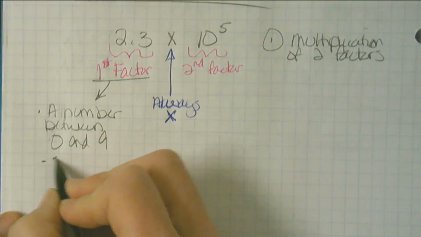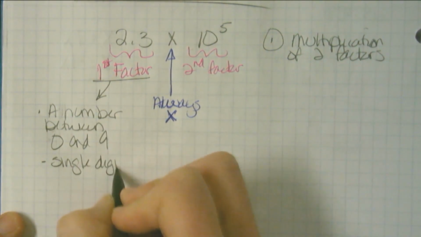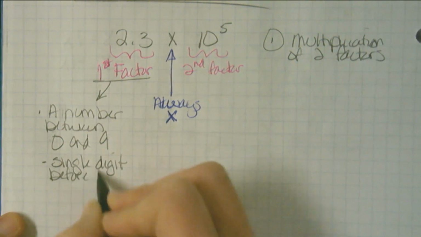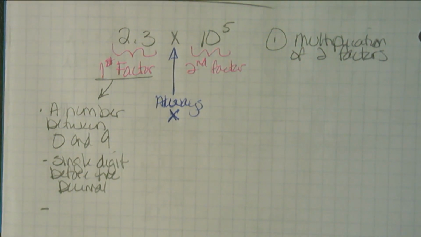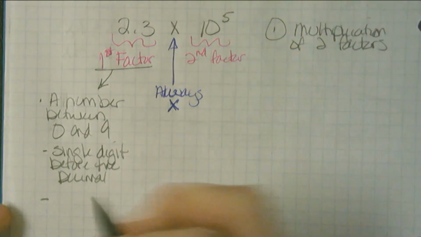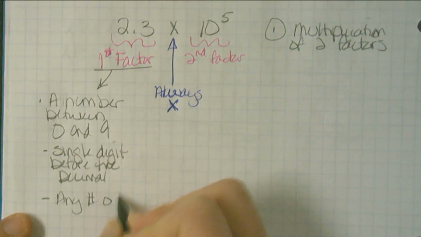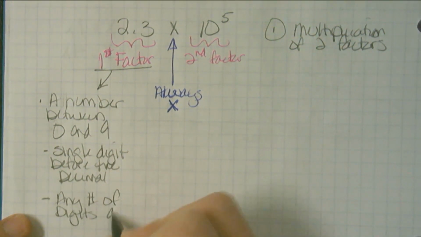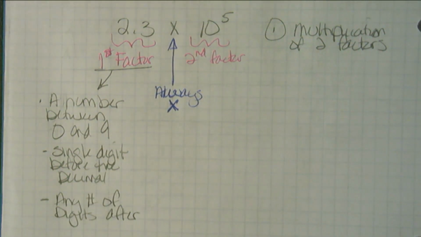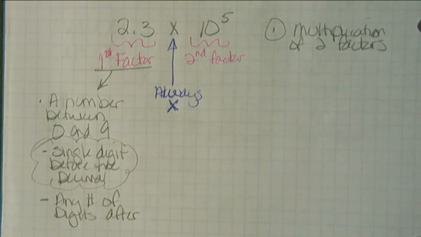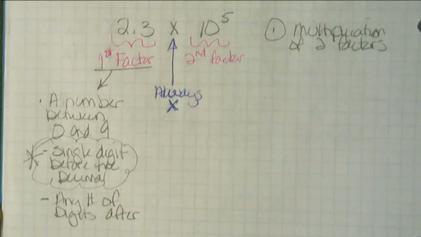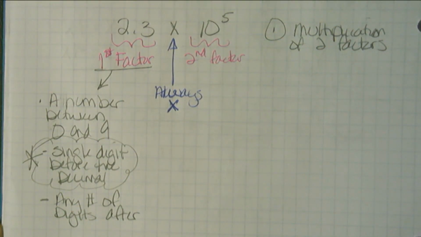We have a single digit before the decimal and any number of digits after. Or no digits after. If you notice in the first one, I said 2 times 10 to the 9th. So I don't need any digits after. I have to have a single digit before. That is a requirement. You have to have a single digit before the decimal.